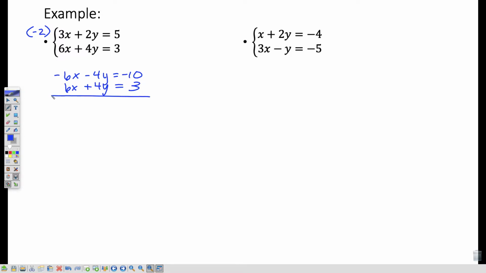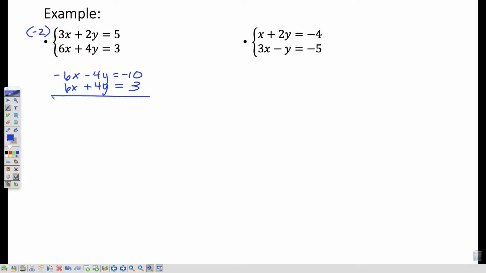Combine them and solve. What's your left side equal? 0, correct?